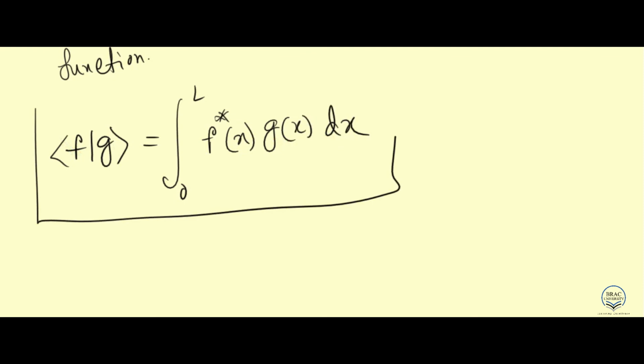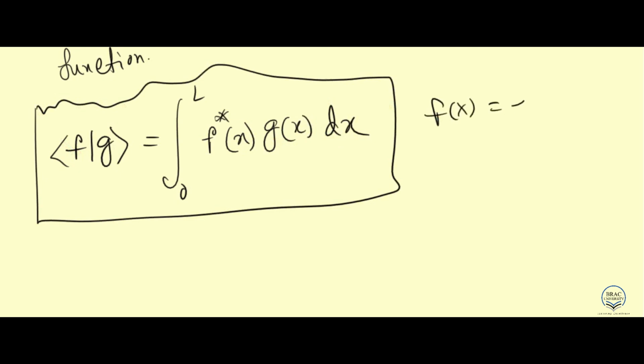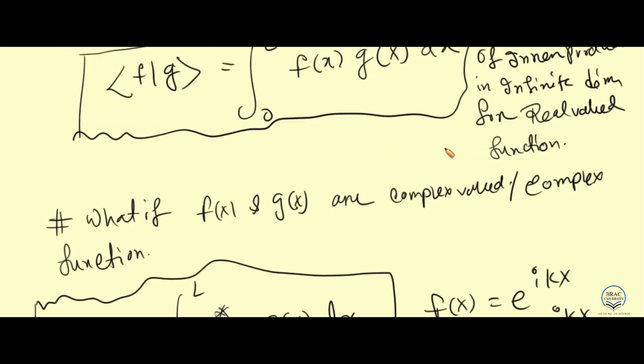And this is the most general inner product that you can have in function spaces. For example, if you have a function f of x as e to the power i kx, then f star of x will be just e to the power minus i kx. Just take the complex conjugate of it.